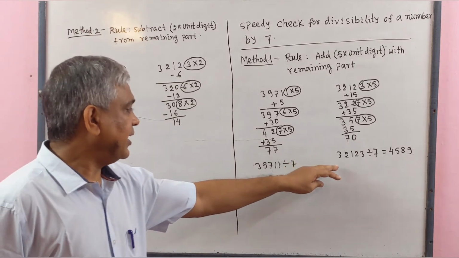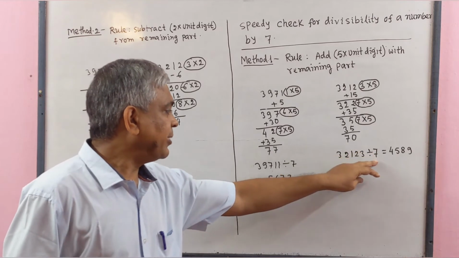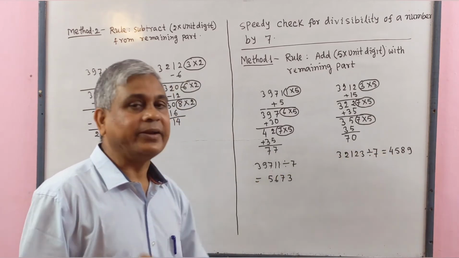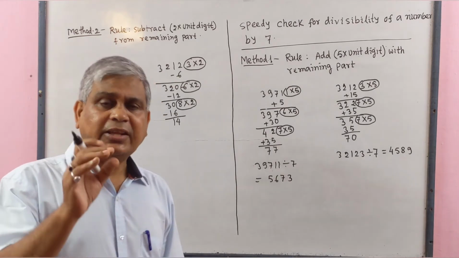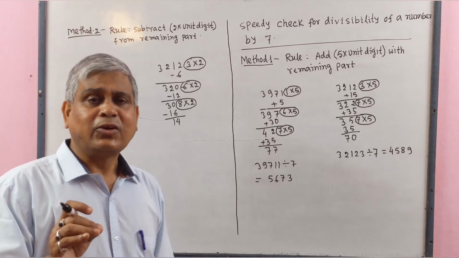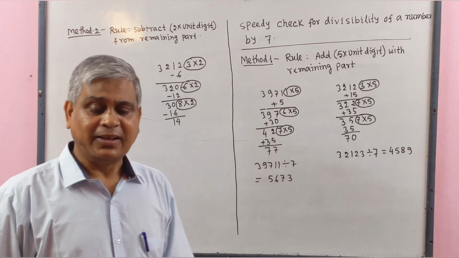Here we have seen that 32123 divided by 7 gives the result 4589. In this way, by our practice, we may perform this very speedily.